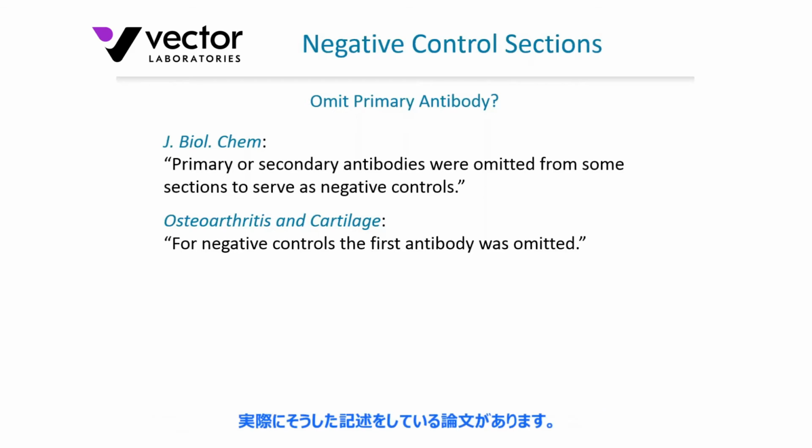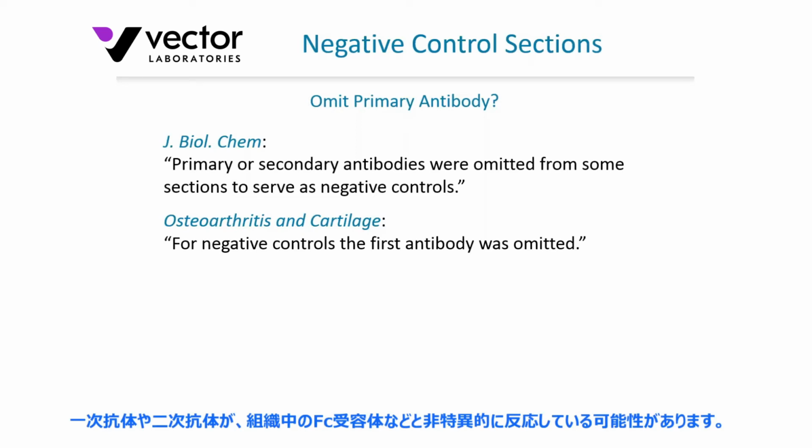I'm not picking on JBC, I'm not picking on the osteoarthritis and cartilage journals, I'm not picking on these papers or the authors who wrote this, but this negative control that they've openly said all they're doing is omitting the primary or secondary antibodies isn't adequate in the sense of addressing whether or not the primary antibody may be inadvertently binding to some tissue components, Fc receptors, whatever it might be, or some other residues that may be in there and generating false positive data.